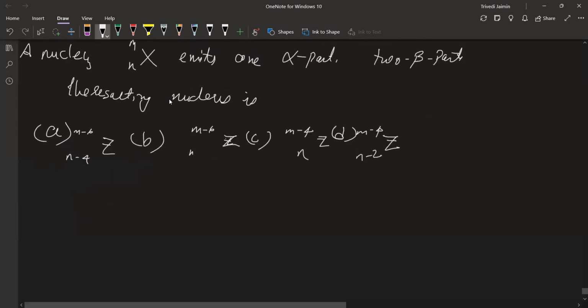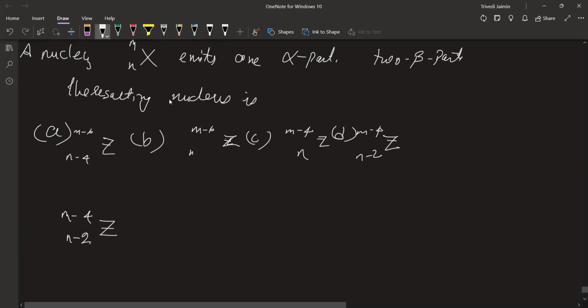See, when X emits one alpha particle, the atomic mass is decreased by 4 and the atomic number by 2. So our new nucleus will be Z equals M minus 4, N minus 2.